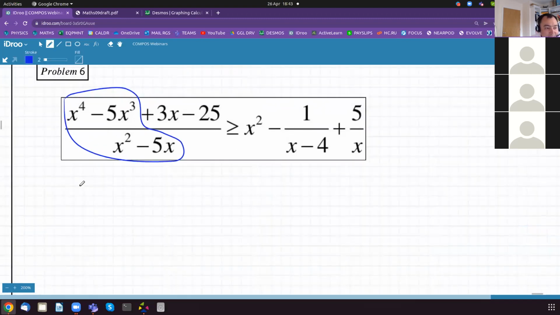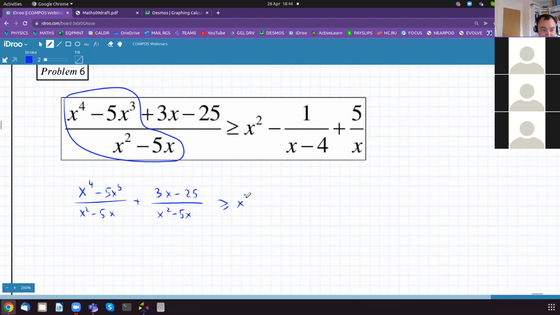We have x to the power 4 minus 5x cubed divided by x squared minus 5x, and plus 3x minus 25 over x squared minus 5x, greater or equal than x squared minus 1 over x minus 4.